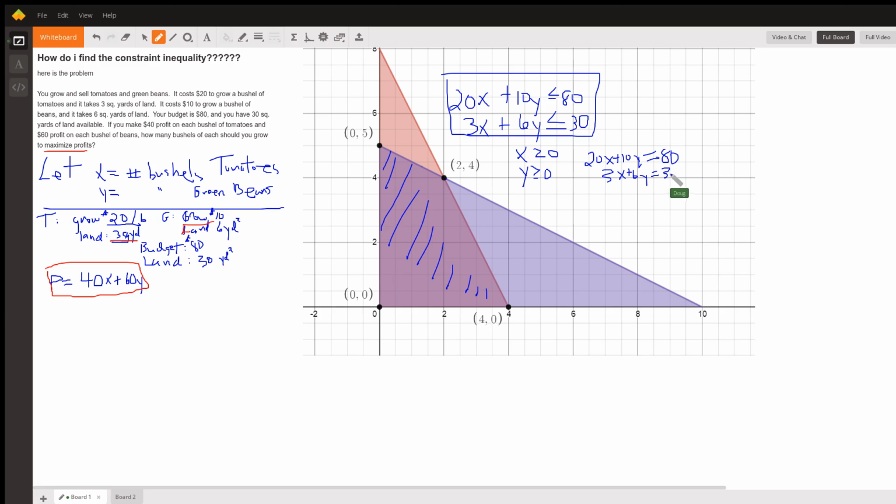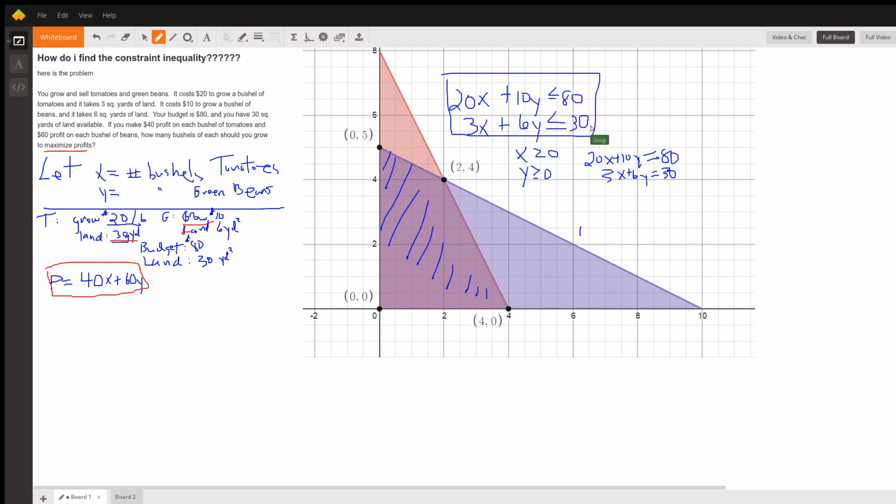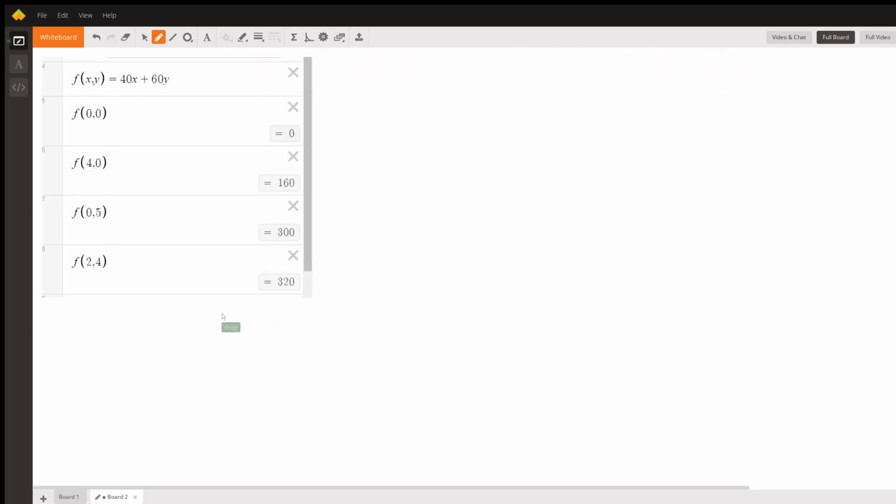And I'll leave that to you to show that it's (2, 4). And so we've got our 4 vertices: (0, 5), (2, 4), (0, 0), and (4, 0). You can't quite see there, there's the (4, 0). Whoops, well, I erased that. So anyway, on to the next board.